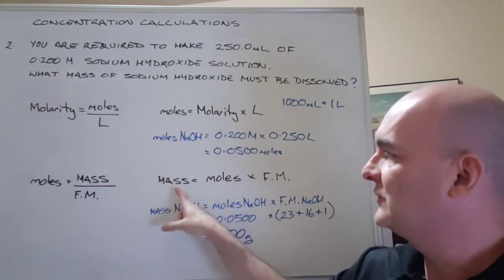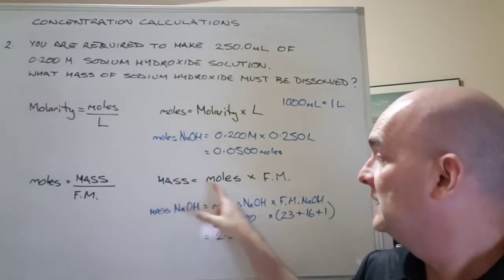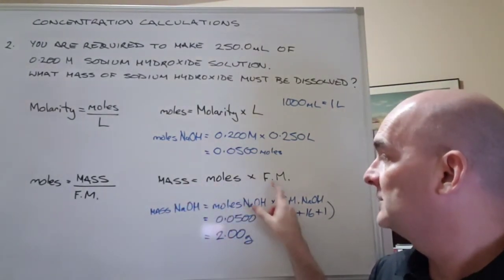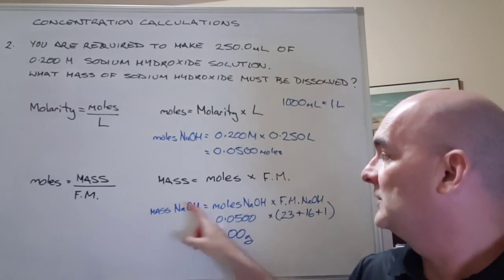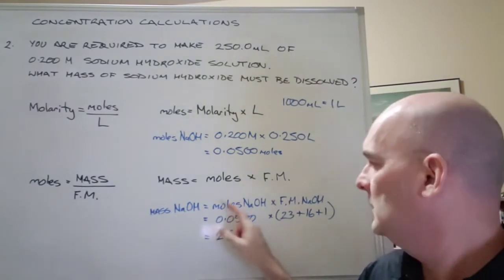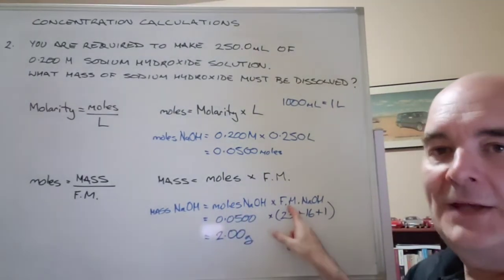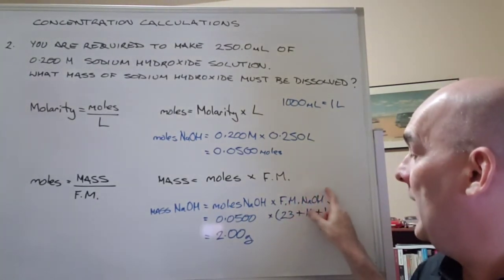Now moles equals mass divided by formula mass. I'm going to rearrange that in a way that isolates and gives me mass. Mass equals moles times formula mass. So the mass of sodium hydroxide required in this reaction is the moles of sodium hydroxide, which I just found, times the formula mass of sodium hydroxide. Well, sodium hydroxide is NaOH.